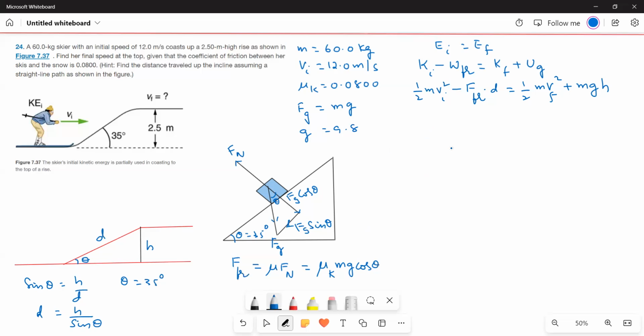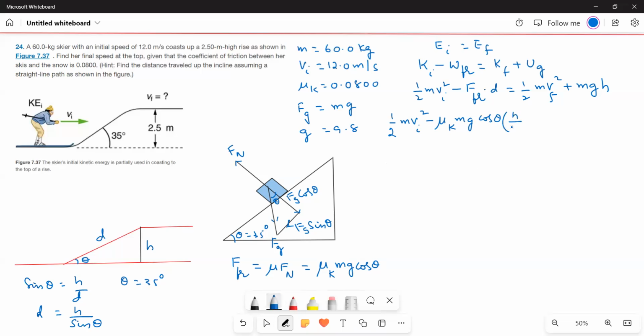Now I will substitute these things in this equation. Mass cancels throughout. I write half m vi square minus mu k mg cos theta times d, and instead of d, I write h by sine theta. I start simplifying from here itself.